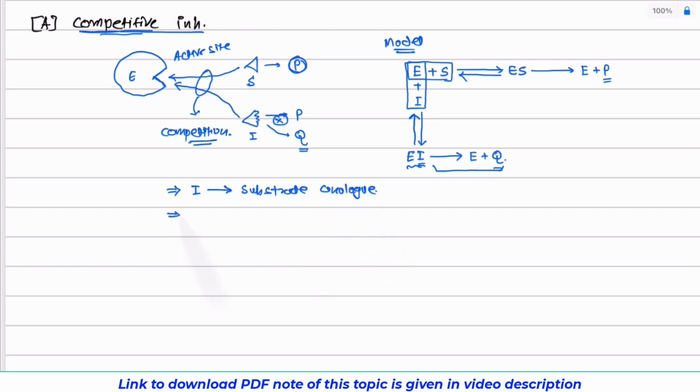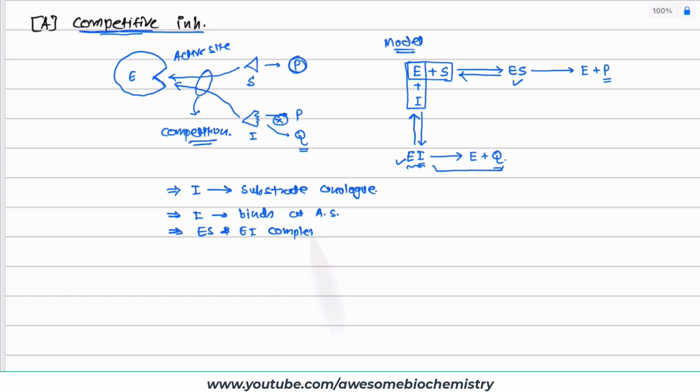The second important aspect is that the inhibitor molecule binds at the active site of the enzyme. The third important aspect is that here both ES as well as EI complexes are formed. So, formation of ES and EI complexes.